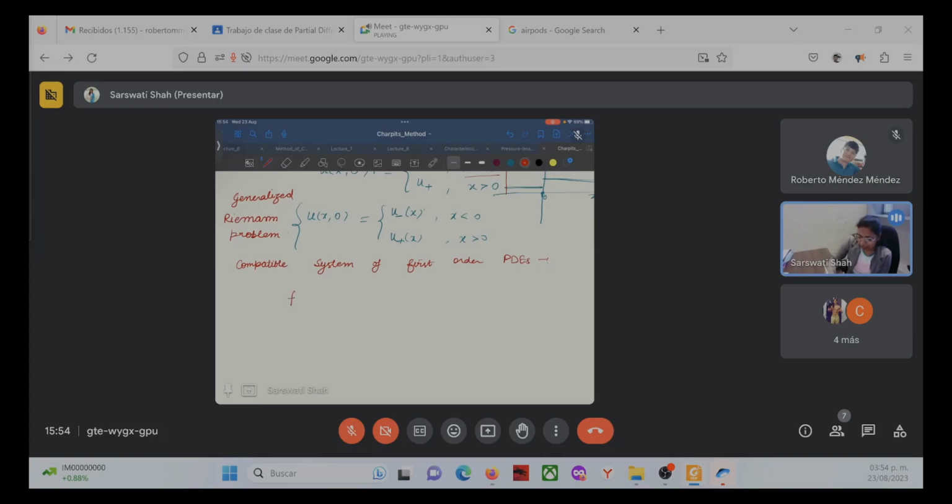If we have a non-linear partial differential equation f(x, y, z, p, q) equals 0, it is said to be compatible with another non-linear partial differential equation g(x, y, z, p, q) equals 0 if both of these non-linear equations have the same solution. For the time being, I am assuming that both have a unique solution.